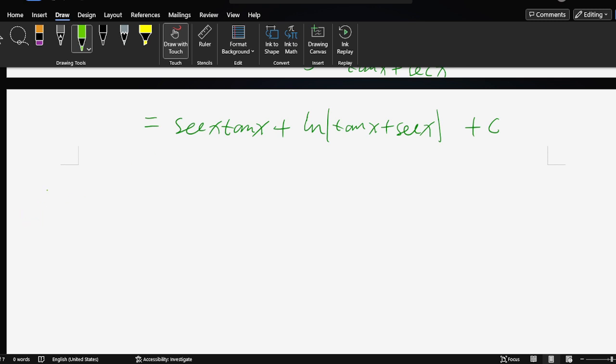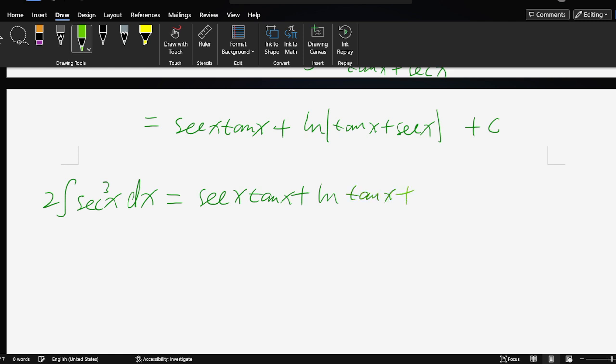For you to see that clearly, I rewrite 2 integral secant x cubed dx equals secant x tangent x plus ln tangent x plus secant x plus c.